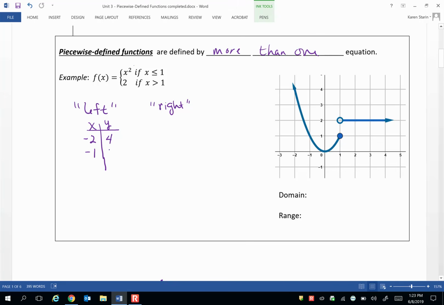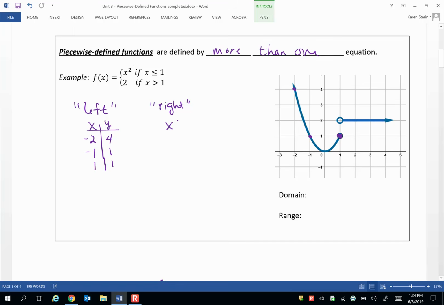If we take -1 and square it, we get 1. So you can see that at (-2, 4) we're on that parabola, and of course at (-1, 1) we're on that parabola. What if we plugged in 1? Well, 1 squared is 1, and that's why we have a solid circle there where the parabola stops.